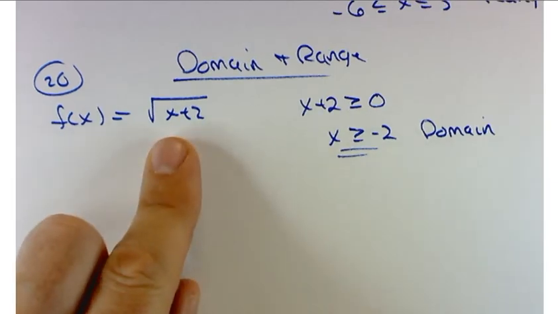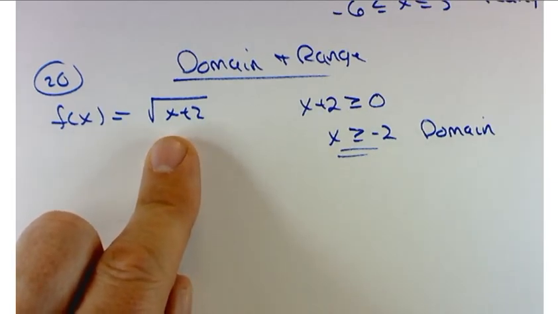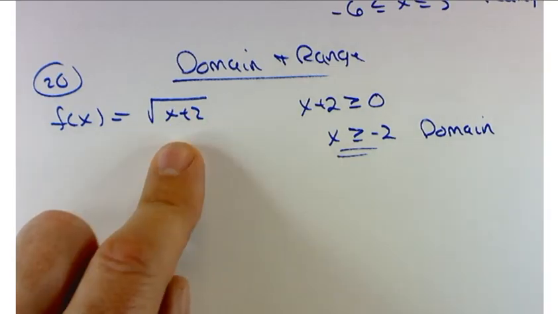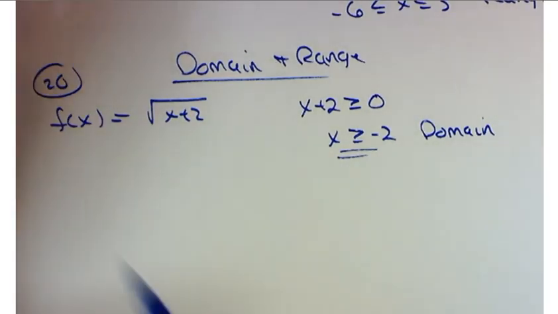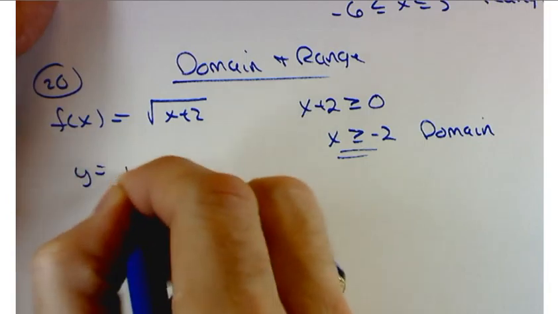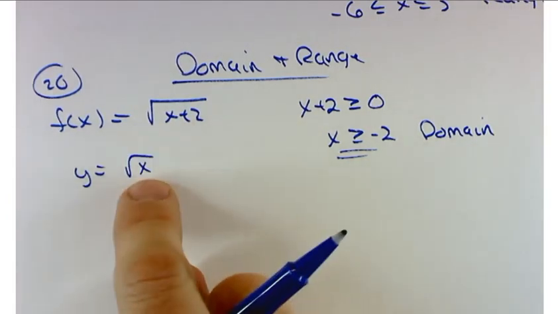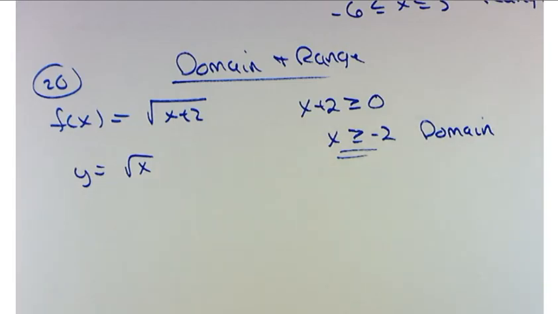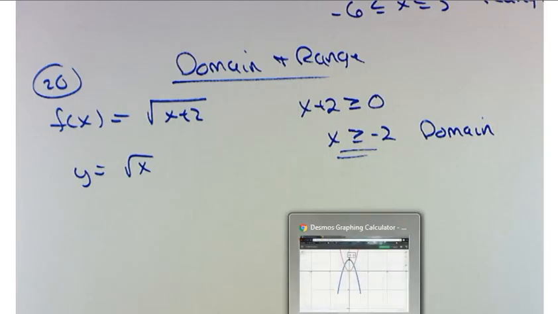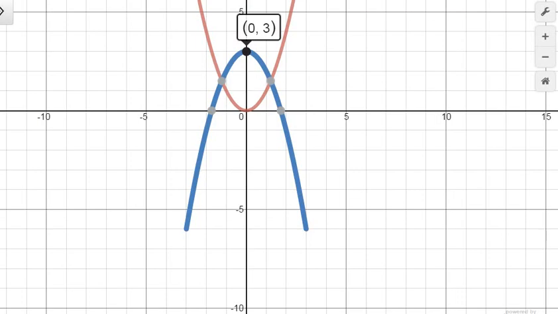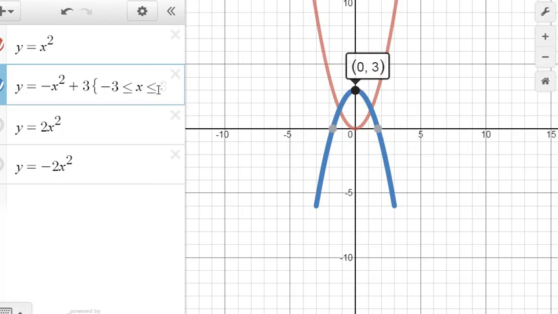If I was to look at this graph and think what it would look like compared to y equals square root of x, how is this one going to be shifted compared to this one? To the left by 2. So let's see that, and in doing that, we'll also try and get a visual of our domain and range. So let's get rid of this one.